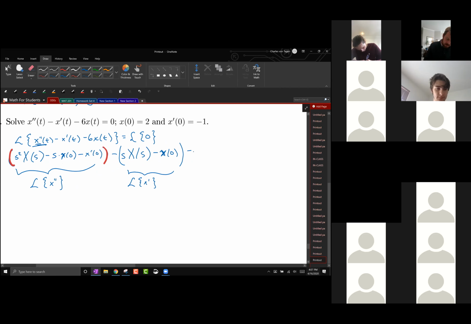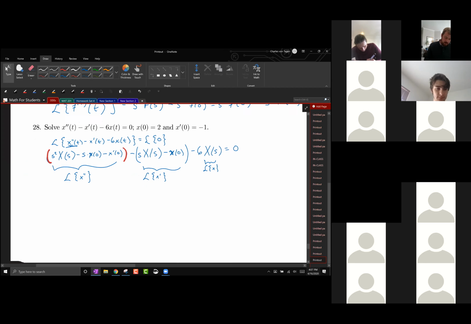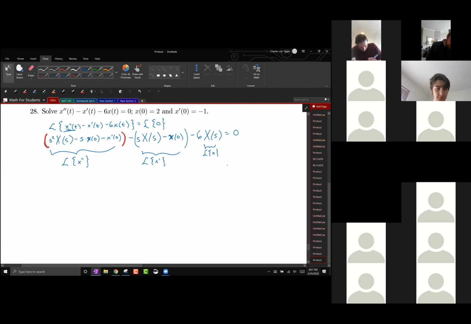Minus 6 times, we don't know what the Laplace transform of x of t is because we don't know what x of t is, but we'll just write capital X of s. This was the Laplace transform of x. And that all has to equal 0. So let's clean this up. We get s squared X of s minus, let's see here, s times x of 0 is 2.